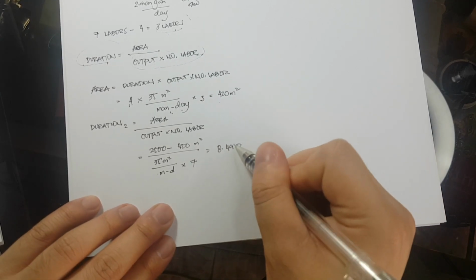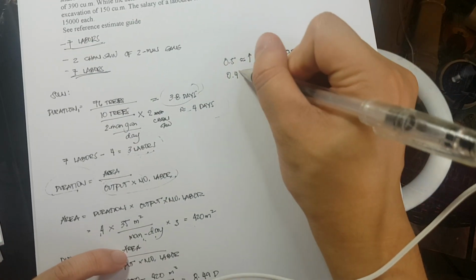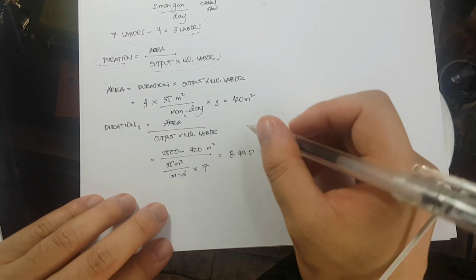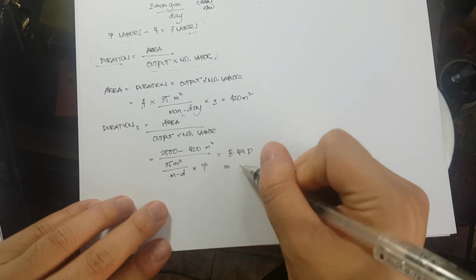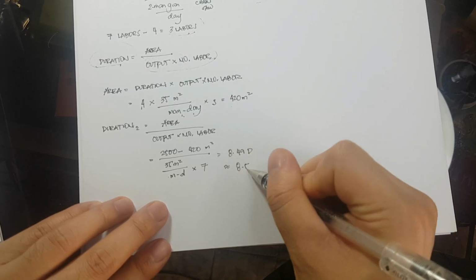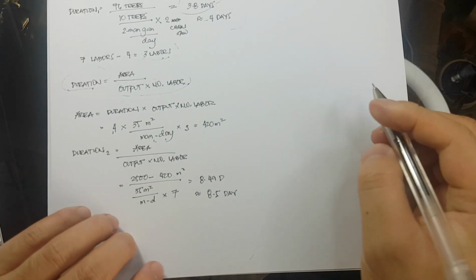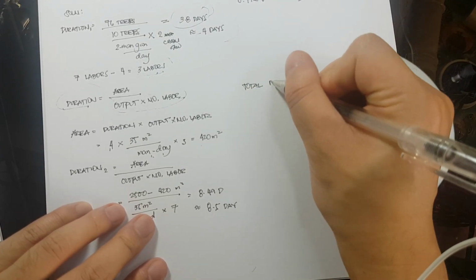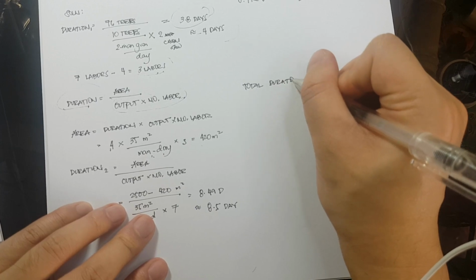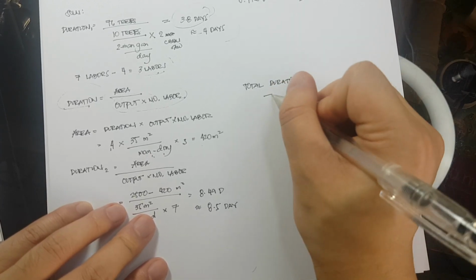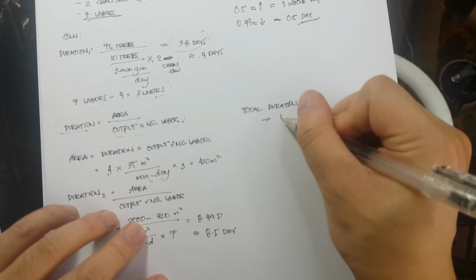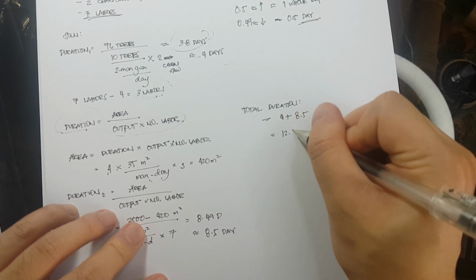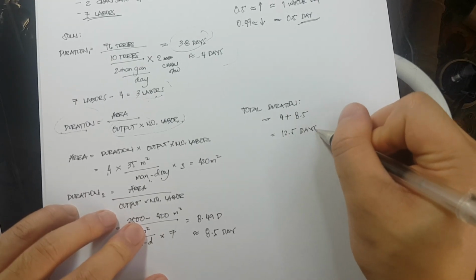Okay, so since it is below, this should be 0.49, so we round up to 8.5 days. Therefore, the total duration for clearing and grubbing is equivalent to 4 plus 8.5, that is equivalent to 12.5 days.